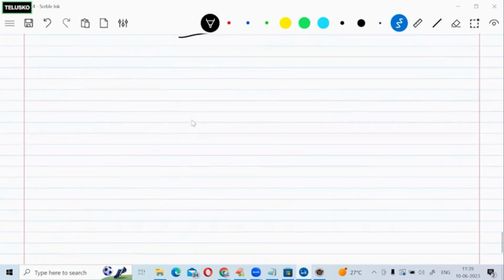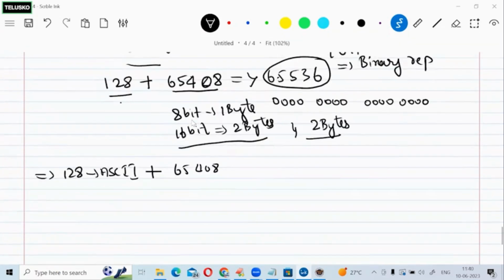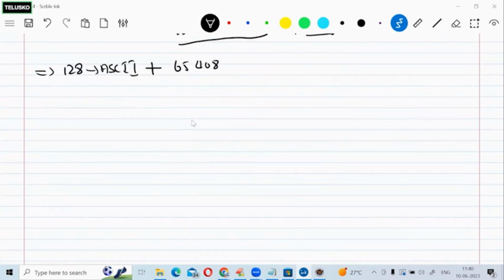Now, does this UTF format have all 128 characters of ASCII? Yes or no? Plus the other 65,408, together 65,536. So for characters, for example A, B, C, each has a decimal value and a binary representation.